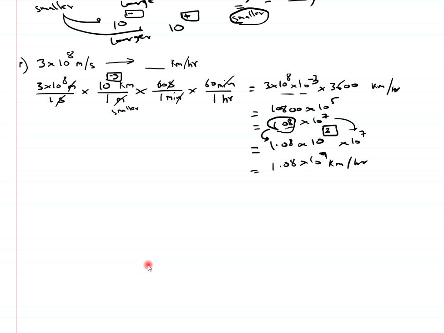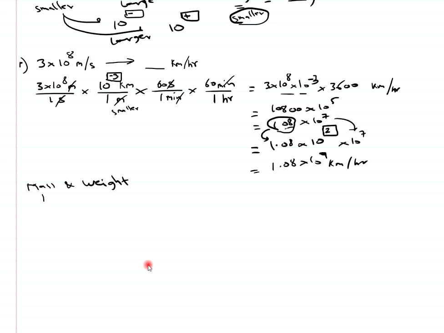Okay, so that's an example of dimension analysis. The other ending pieces I want to talk about is the difference between mass and weight, and the temperatures.